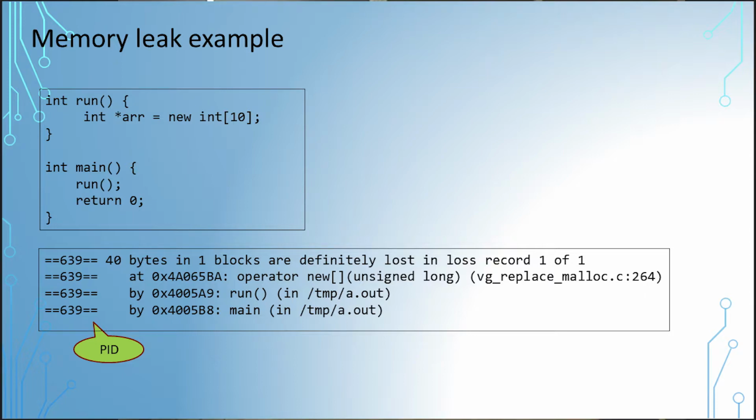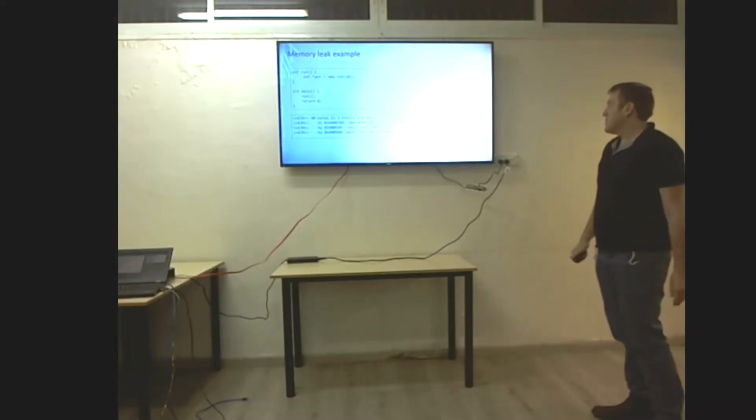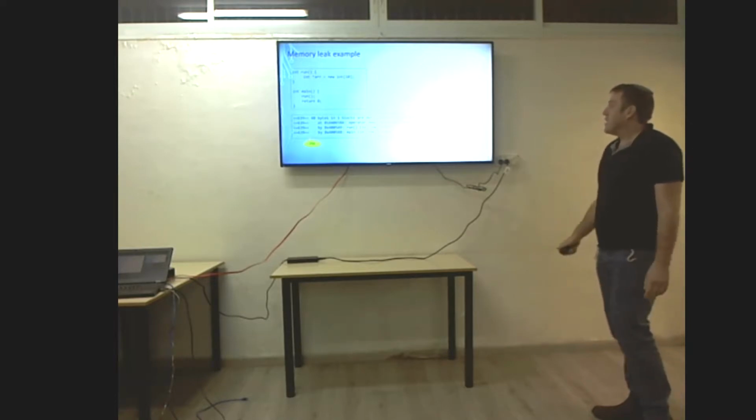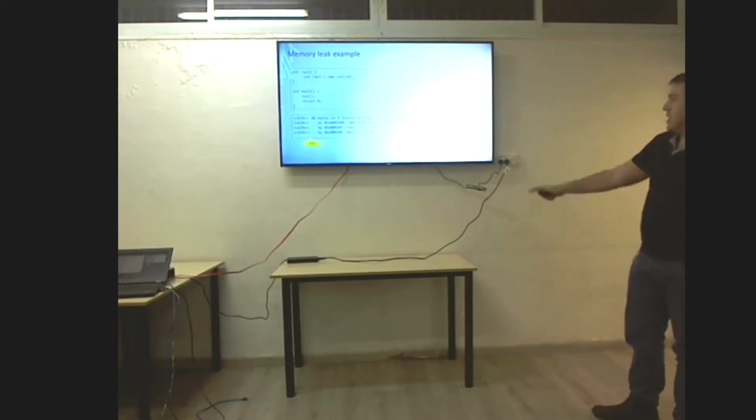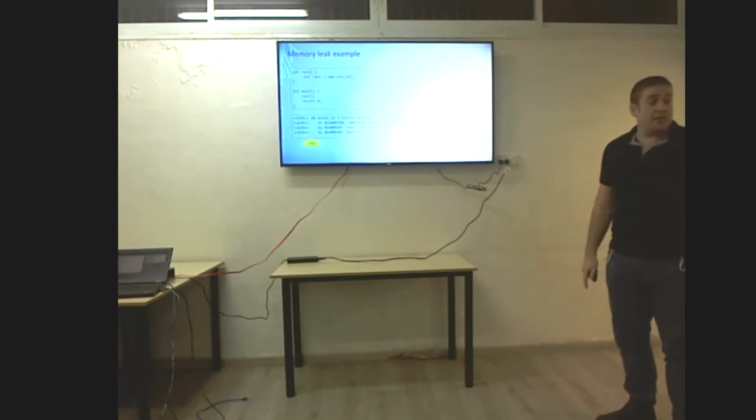By moving this to a different function and calling it, it is now definitely lost. We have a very nice debug message that says that in main, in run, we used the parameter new, and we have 40 bytes in one block that is definitely lost. This is the format of the log. Valgrind also supports XML.